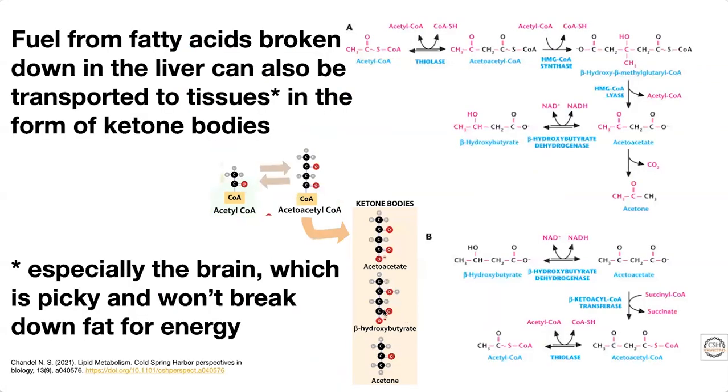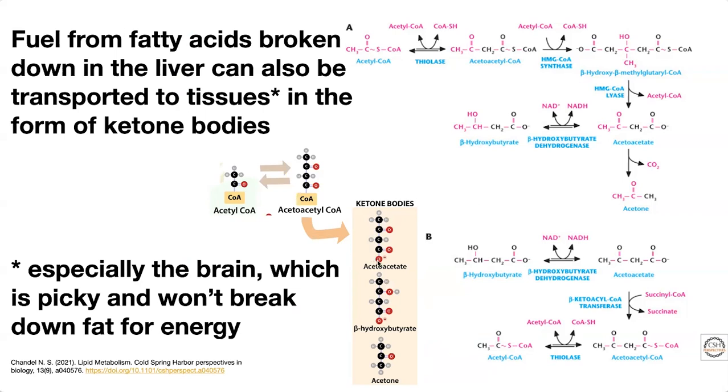It's not technically a ketone body. It has a carboxylic acid group rather than a ketone, but it can get converted into acetoacetate, which is a ketone, and that can be used to generate this energy. Basically, you can get two acetyl-CoAs hooked together through a couple of different enzymes to give you acetoacetate, which can then get converted into beta-hydroxybutyrate, which is just the reduced form of it.